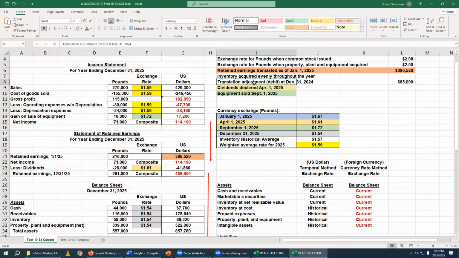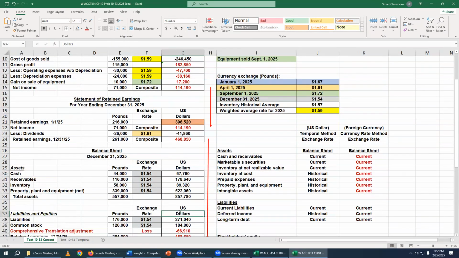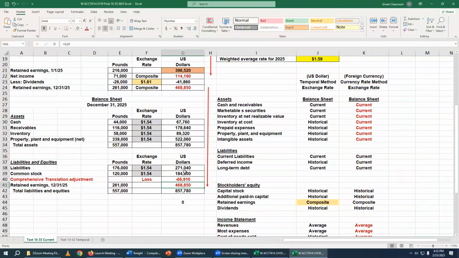Okay, so our translation adjustment, they tell us this is a debit. This is almost like a CPA question would have. A debit down here on the balance sheet, the liabilities and all this stuff, they go up with credits.